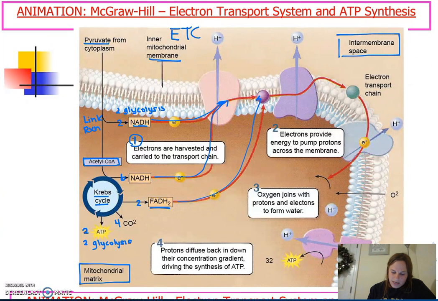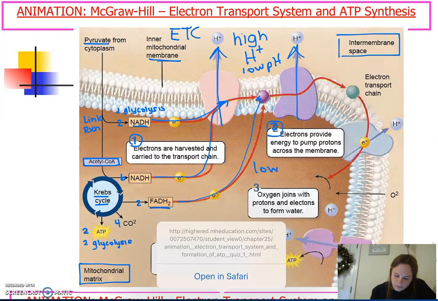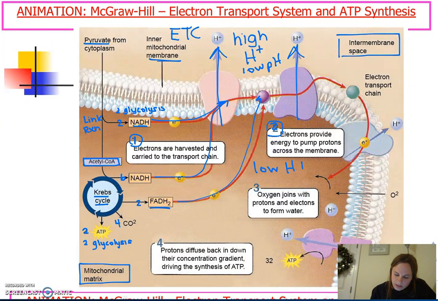So on the ETC, these electrons provide energy to pump protons through these electron carrier proteins. When these electrons provide the energy to pump those protons across the membrane, I've now got a high concentration of those protons. That gives me a lower pH in my intermembrane space, and I've got a low concentration now of my protons inside my mitochondrial matrix.